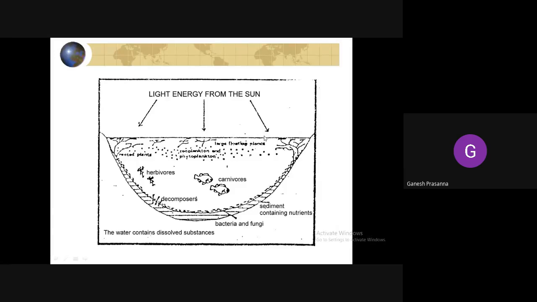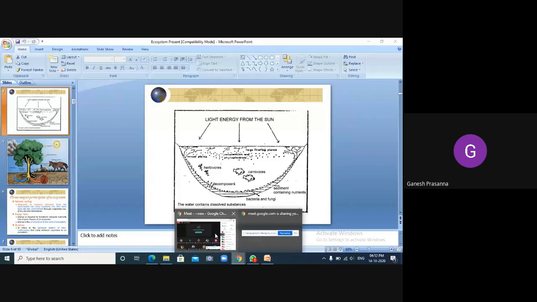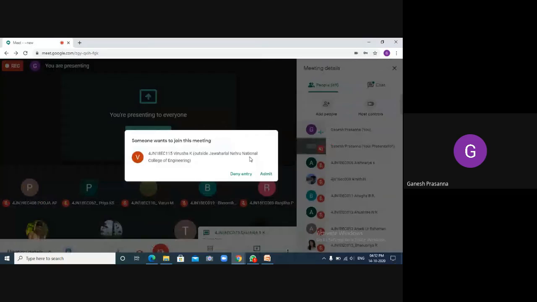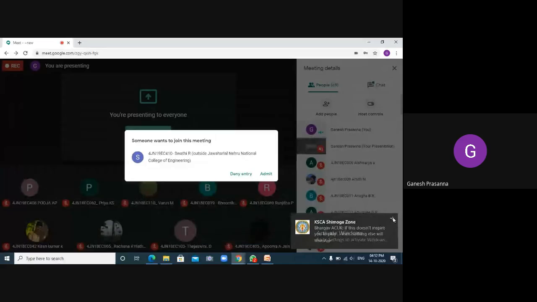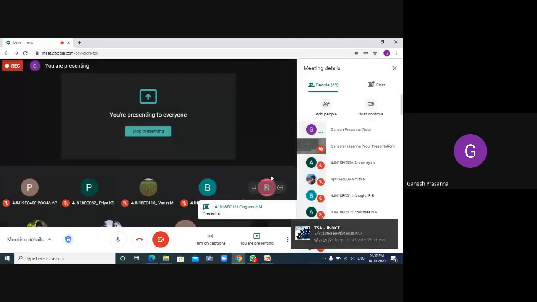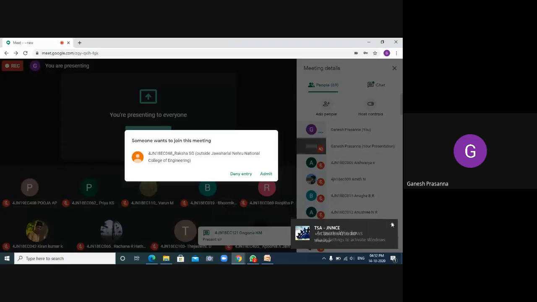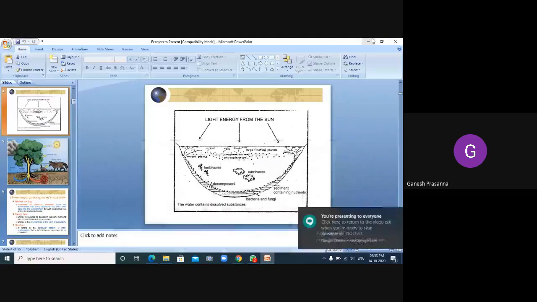So the water also contains some dissolved substances in the form of nutrients. All of them are mutually dependent on one another.